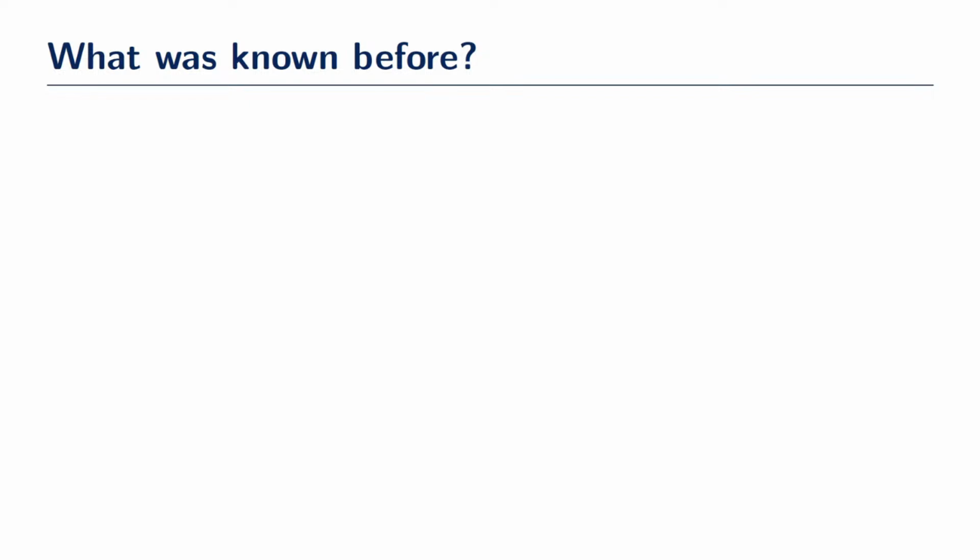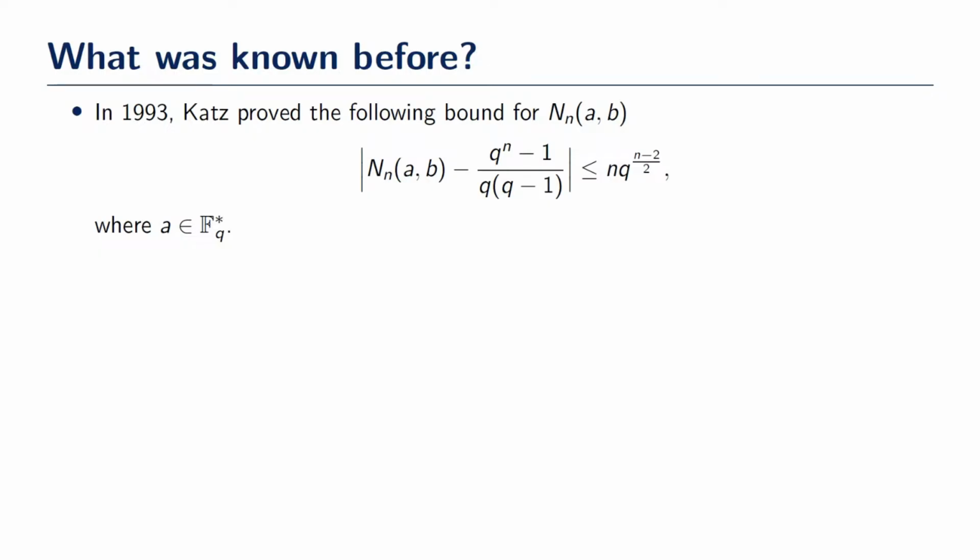So I will present to you these known bounds for the number of elements with given normal trace, and then by giving new bounds for the Artin-Schreier curve, I'm going to improve these bounds, which I will present to you now. So what was known before for N_n(a,b)?